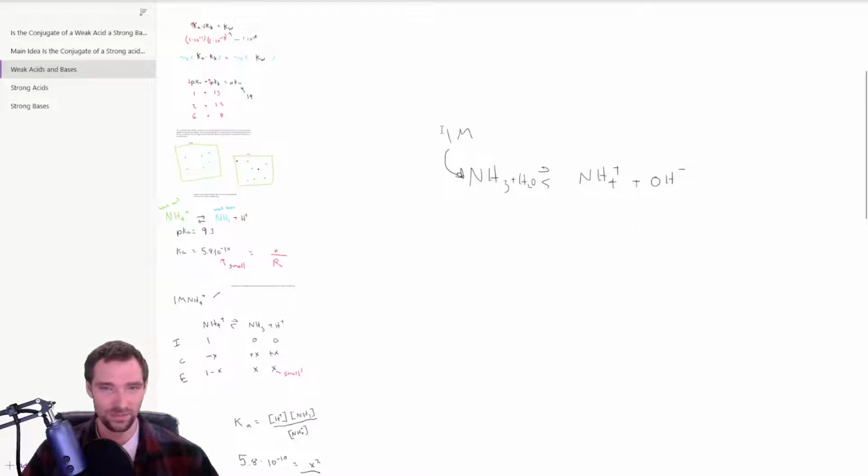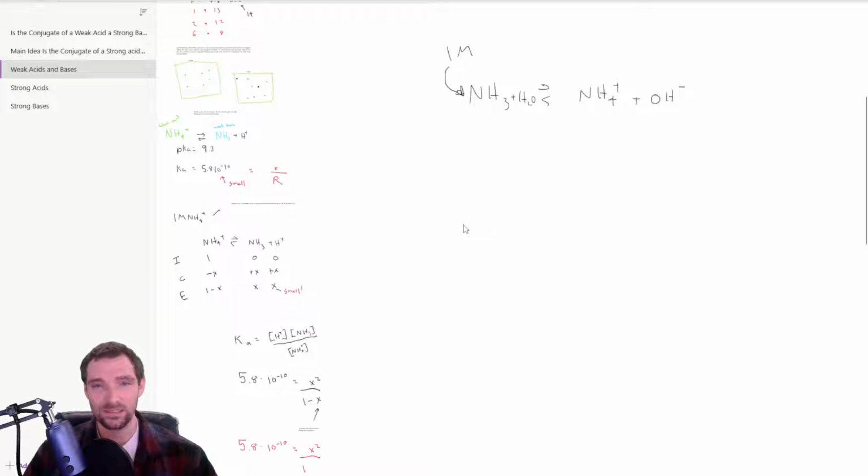Whether the solution is going to be acidic or basic is not just the Ka or the Kb values. But you can kind of see how those things are related with these two weak acids and bases here. And I would encourage you to try and do the pKb and do a similar sort of calculation and see what you get. And it's kind of interesting.